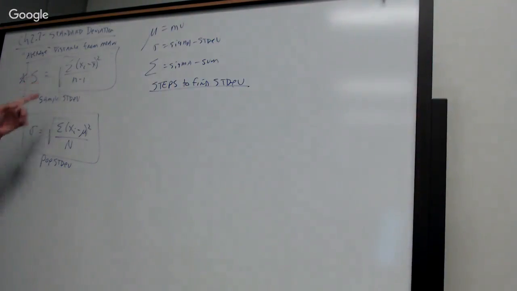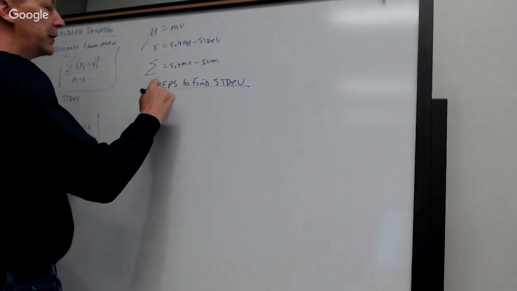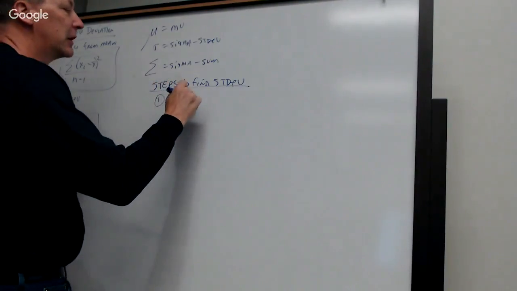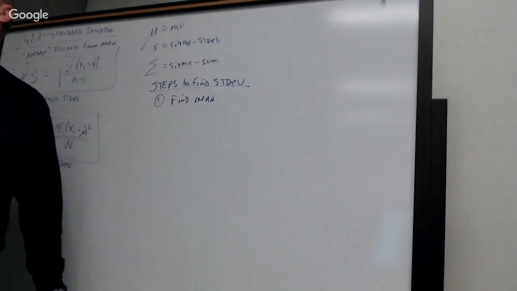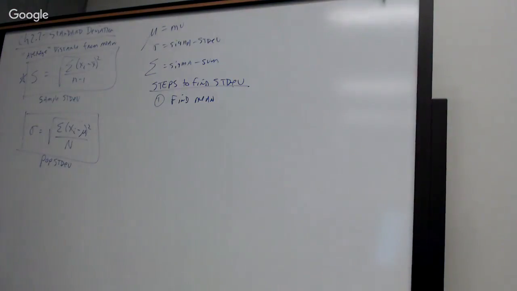I may give you these two formulas for your test. I probably will. So I'll give you these, but you'll have to memorize the steps if you want to memorize the steps. The first thing you're going to do is find the mean, which you've all done since elementary school. You always call it the average, right?